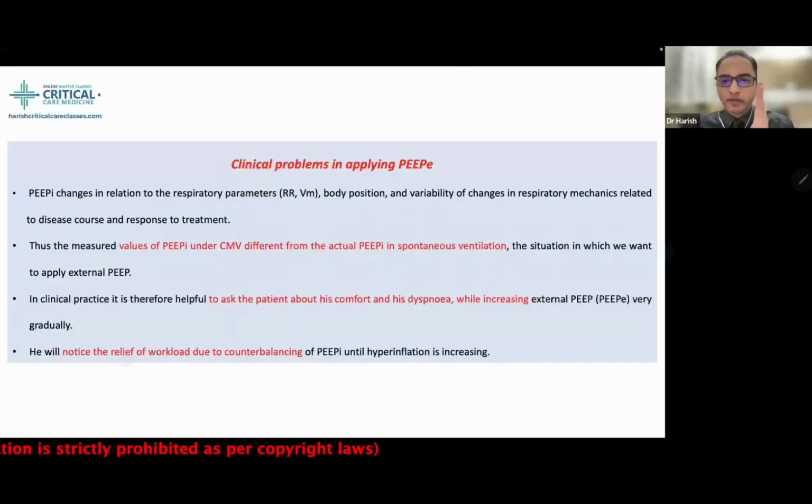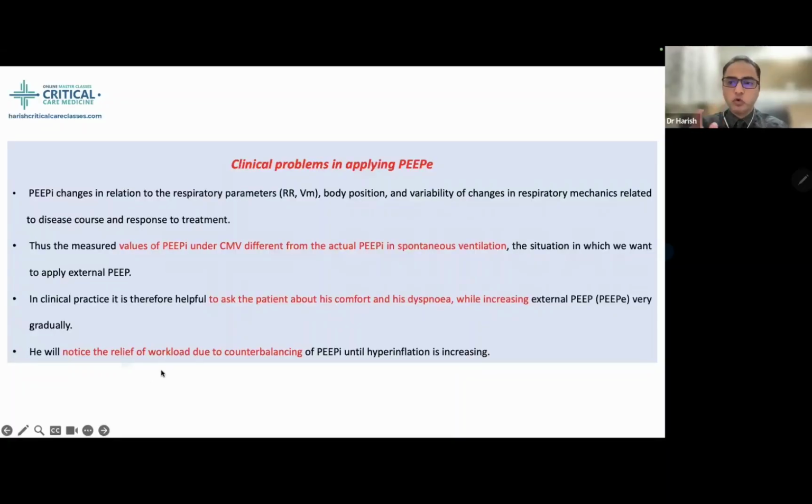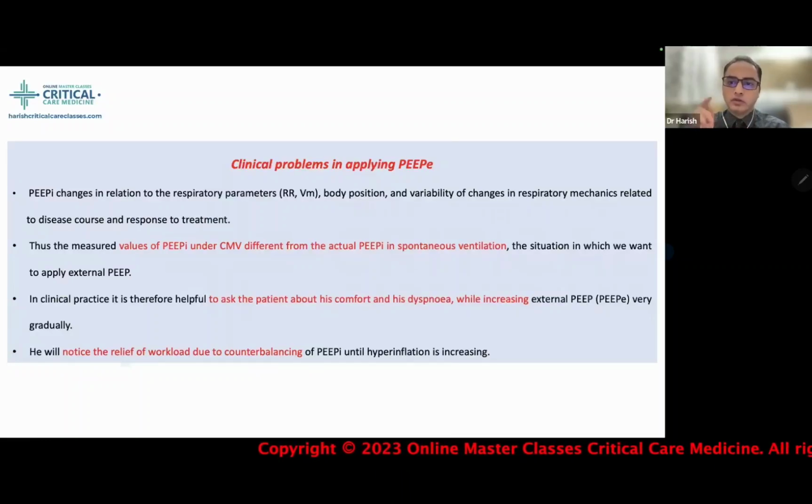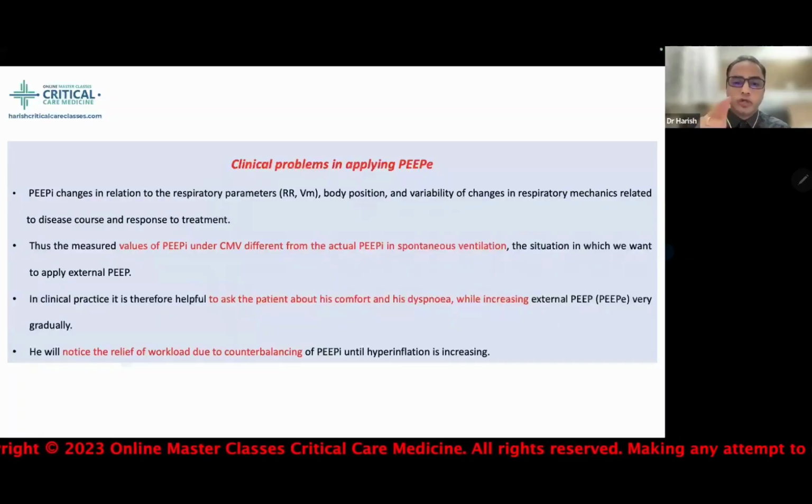The only way is to look at patient comfort, whether dyspnea and synchrony are improving after applying the extrinsic PEEP. You will notice relief of workload due to counterbalancing of intrinsic PEEP, as long as hyperinflation is not increasing. So that is how we can get an idea, by checking whether the patient is comfortable and his work of breathing is reducing. It means the extrinsic PEEP you applied to counterbalance the auto PEEP is helping that particular patient.